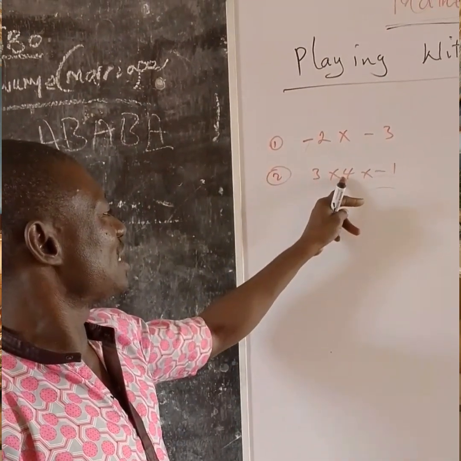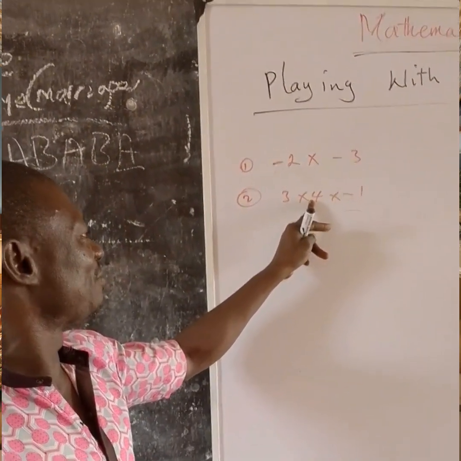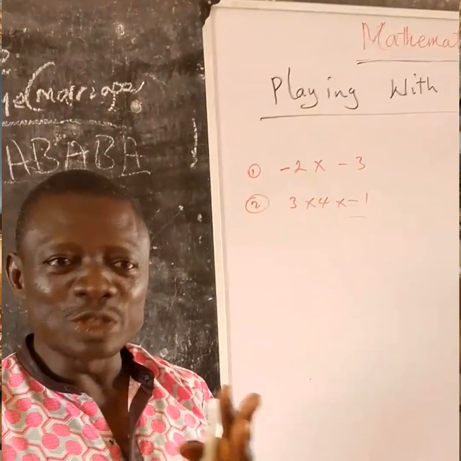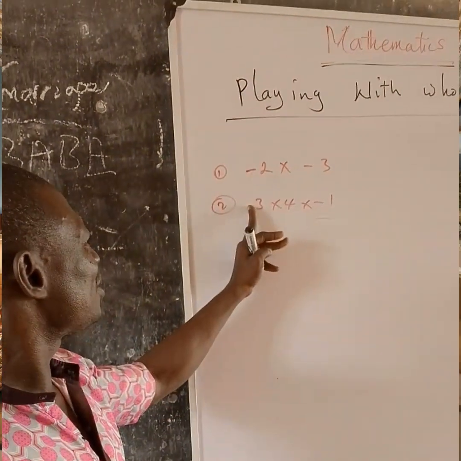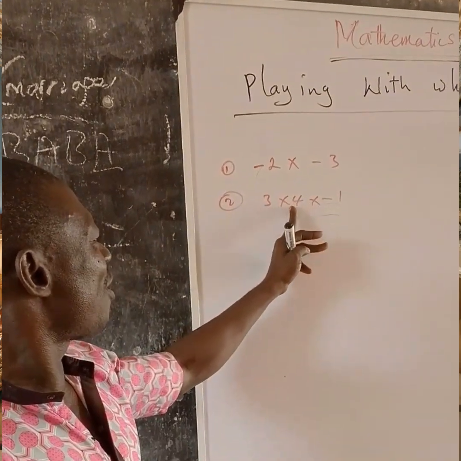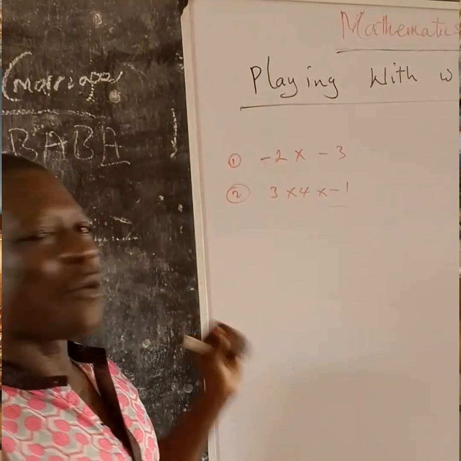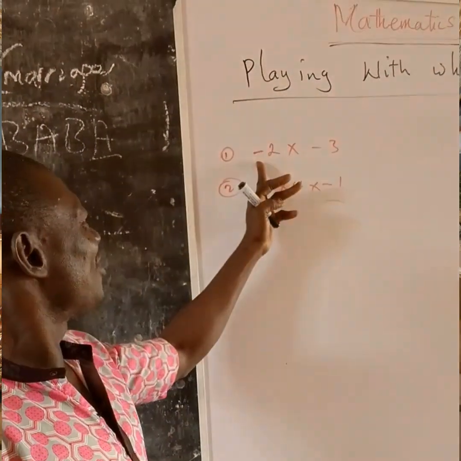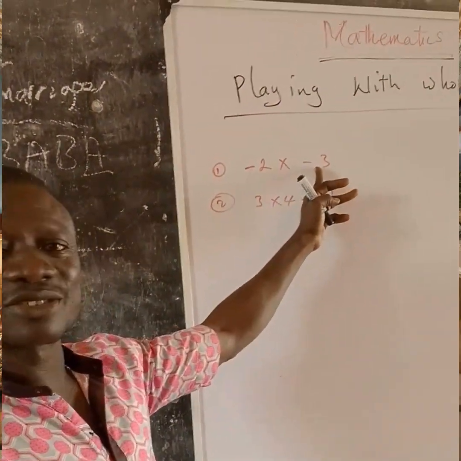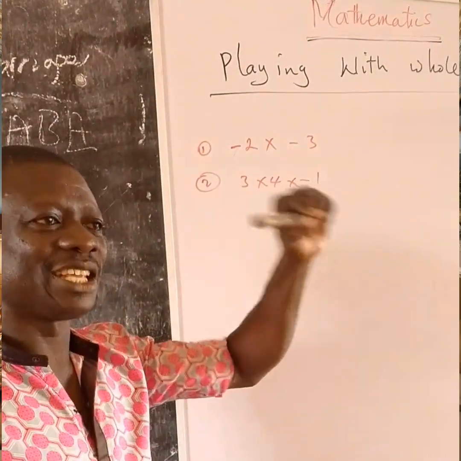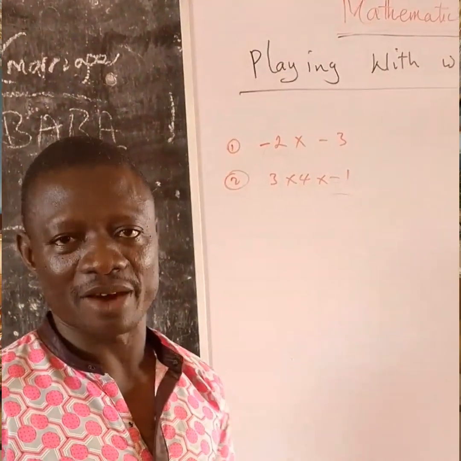The sign that belongs to this 4 is here, it is not written. But when it is negative, it must be written. And so, what we should be talking about here is plus times plus times minus. In number 1, what we have there is minus times minus. Whenever you say minus minus or plus plus, please attach the mathematical operation you are talking about.